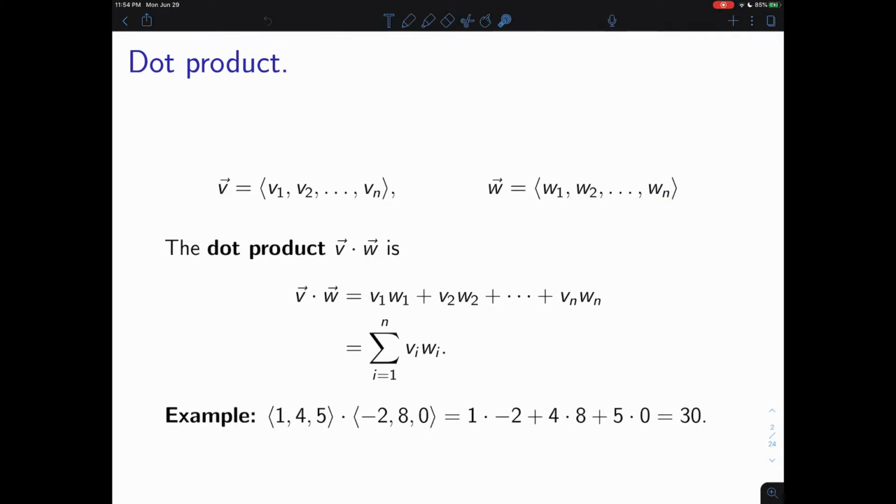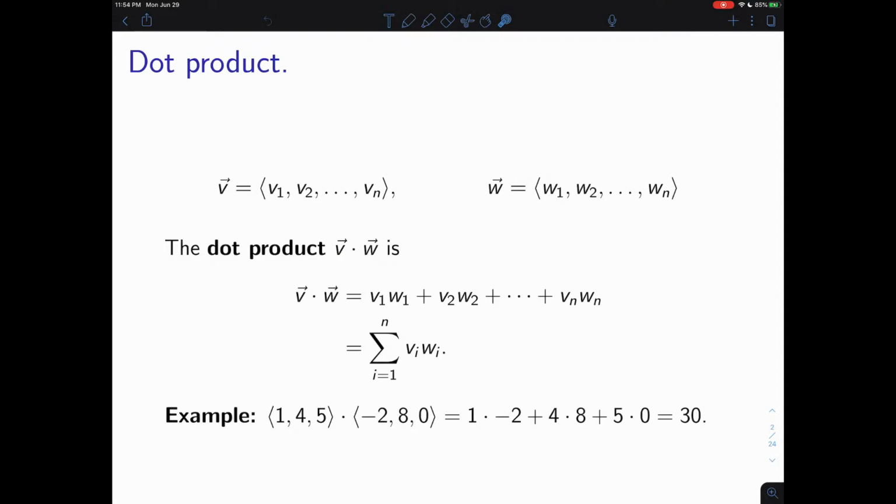And the only rule for the dot product, there can be as many dimensions as you want, but the v and the w have to have the same number of dimensions. So whatever the number of entries in v, the w is supposed to have the same number of entries as that. And then you get to have a dot product, v dot w.